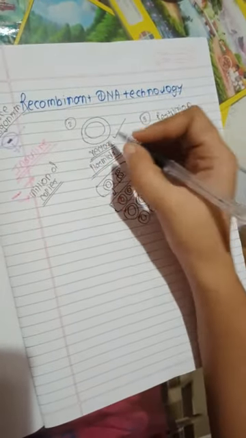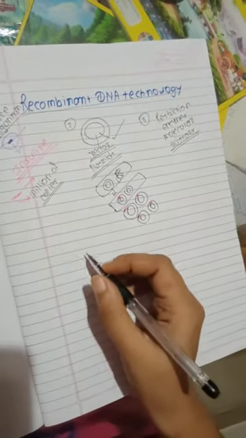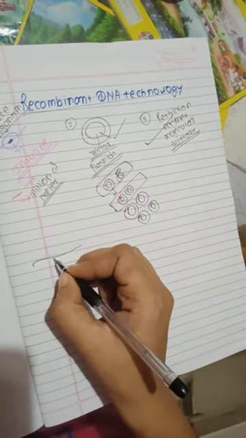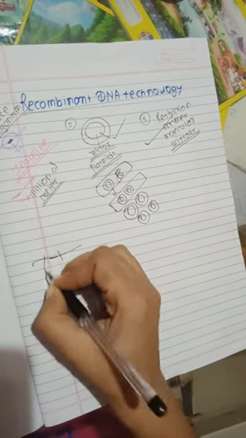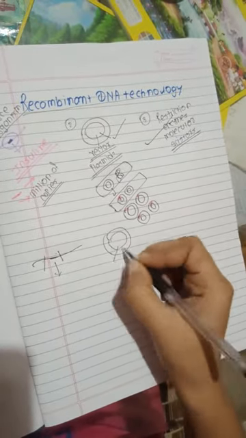To cut and paste, you also have to cut the plasmid. So we take help of restriction enzymes. They cut the gene of interest, and they will cut your plasmid.